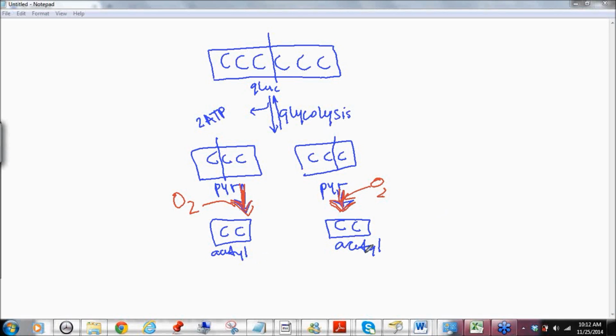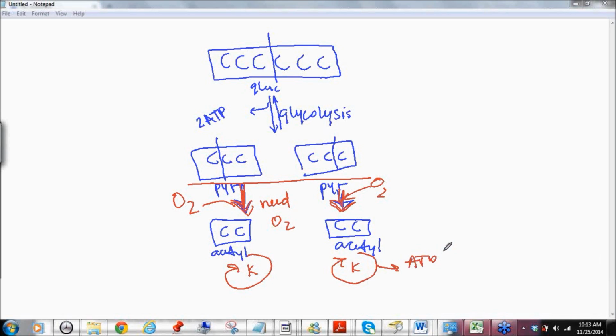The remaining steps in using the glucose that turned into pyruvate, that turned into acyl groups, require oxygen. From here on, you need oxygen for all these steps. From here, acyl groups will go through Krebs cycles, and each Krebs cycle yields 1 more ATP.